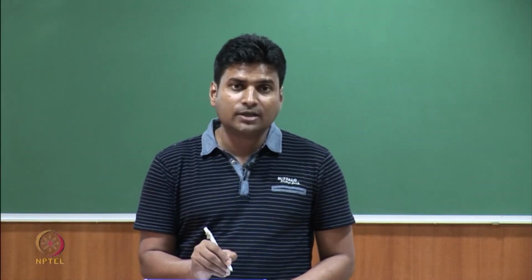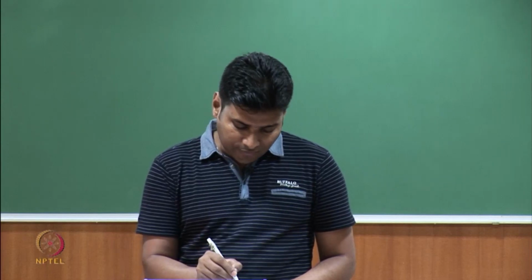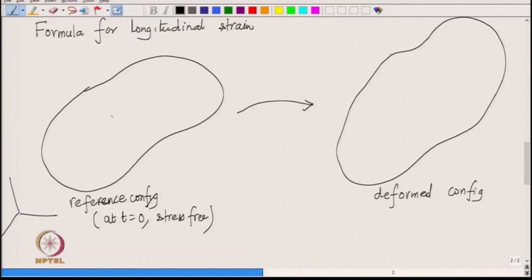Now, any material point in the reference configuration, say it is here, we will denote by the letter big X. Okay. So, that is the position vector of any material point in the reference configuration, and the same material point will go to another point, say small x, in the deformed configuration.